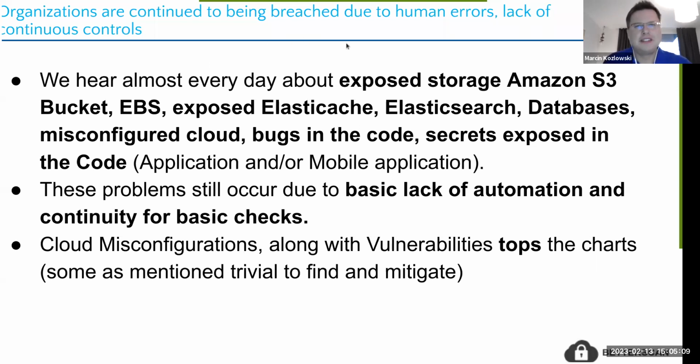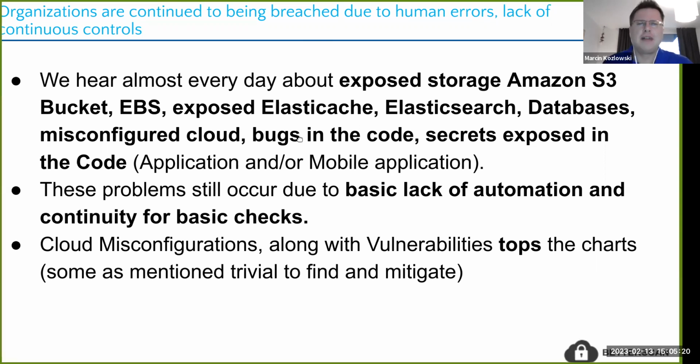So as you know, organizations continue to be breached due to human errors or lack of continuous security. We hear all the time about exposed S3 buckets, EBS volumes, Elasticsearch databases misconfigured in the cloud, bugs in the code, or secrets exposed in the code.